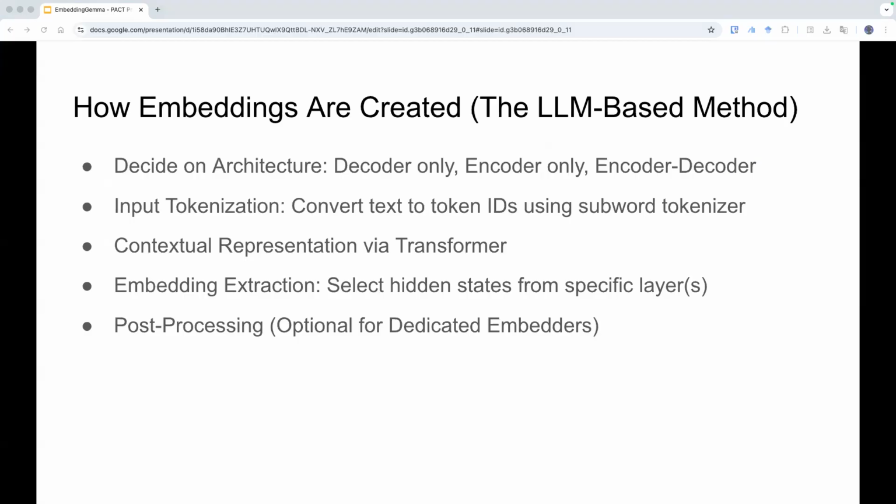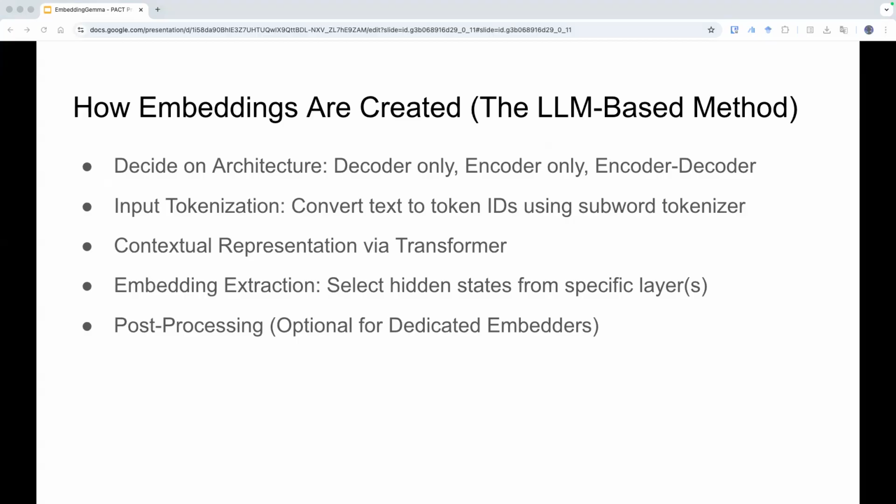Then we have input tokenization. Whatever the text, we convert it to tokens, similar to LLMs. Then we have contextual representation, which passes through transformer layers and goes through hidden states. Finally, we select a specific hidden state and use it as the embedding.